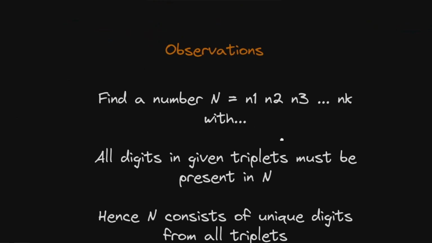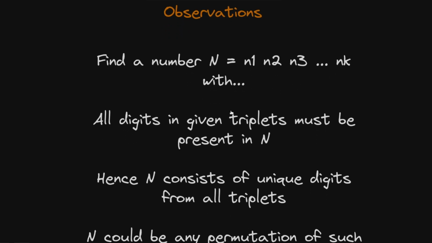Let's look at another one. For the same description of the passcode with k digits, we can say that all the unique digits present in the triplets must be present in n, since they are present at some positions. So we can say that n is made up of all the unique digits in all the given triplets.